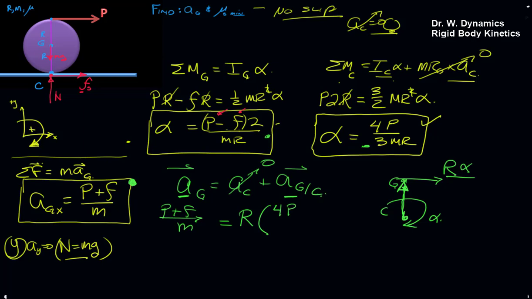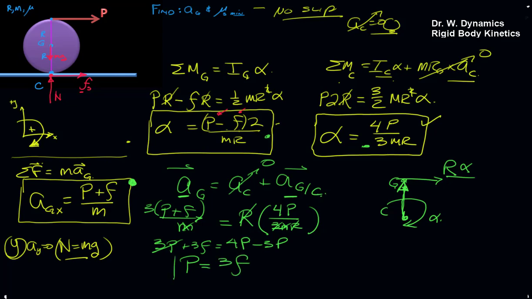We have 4P over 3mr. The r's go over here. These m's go. We can bring the 3 up to here. Clean this up, and we'll get 3P plus 3F is equal to 4P minus 3P, and we'll get P is equal to 3 times the friction force max.